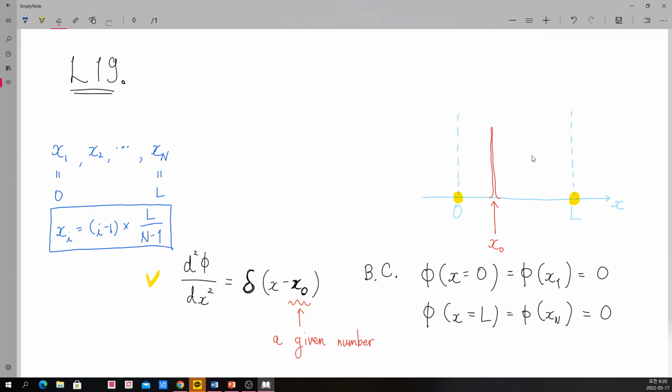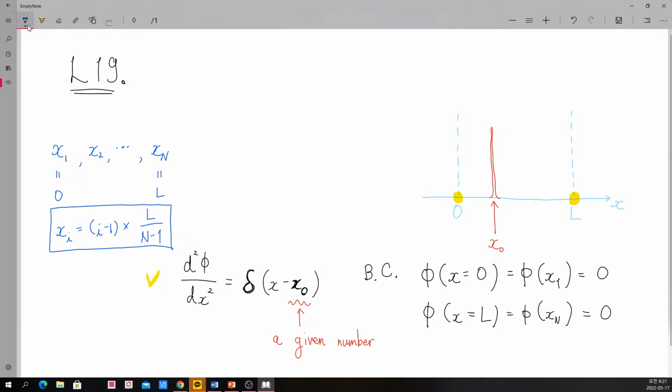maybe something will happen at x naught. Yes, since we have introduced something strange at x equal to x naught. However, except for x naught, we will have just a normal Laplace equation.